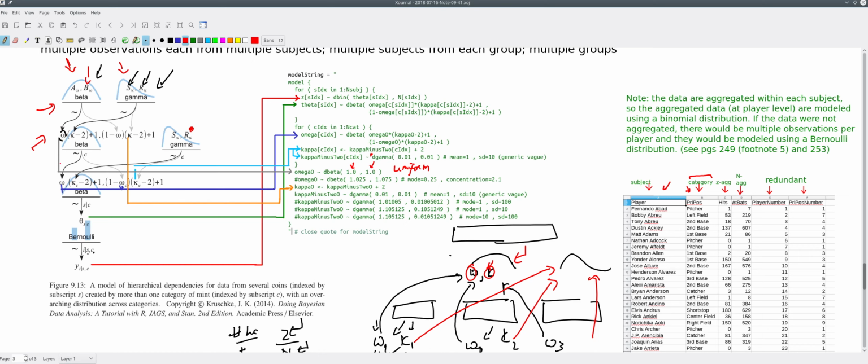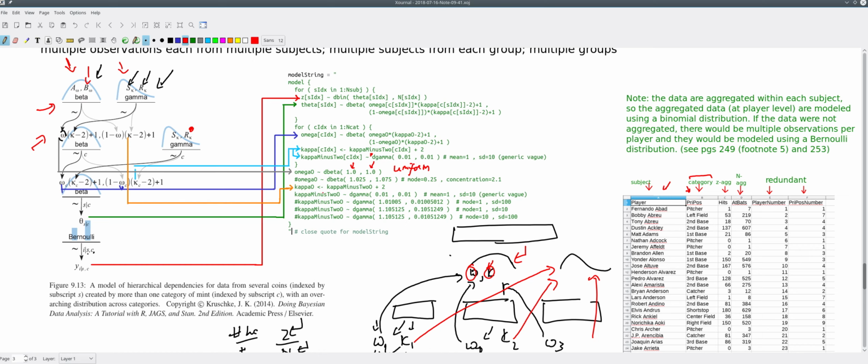So we are saying within category there are going to be differences, but across categories we do not really know if one group is better than the other. We believe that groups are going to be different, but we don't know who is going to be better or worse. So we are going to say that these omegas all come from a uniform distribution.